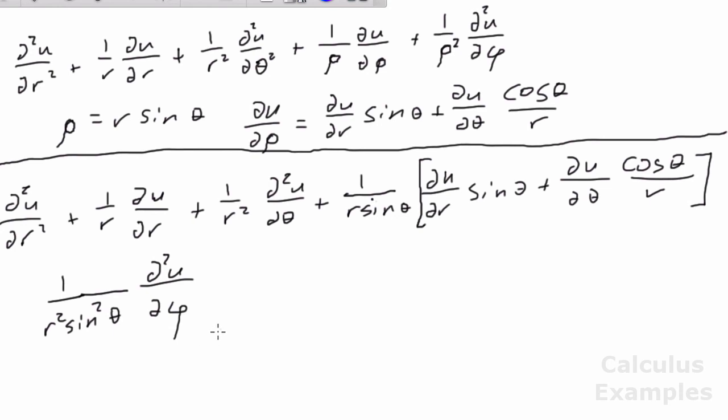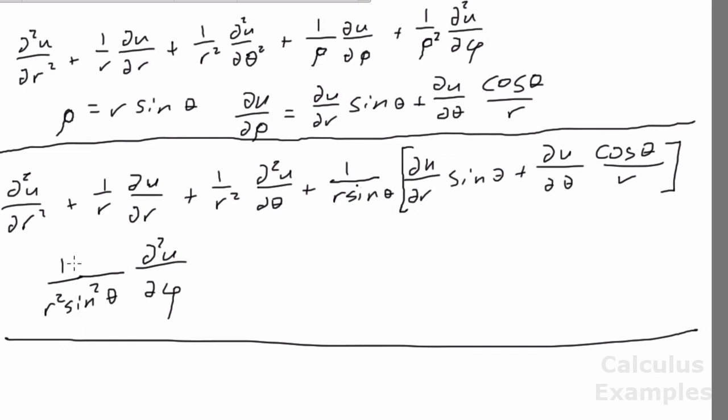Right, so this doesn't quite look like the spherical Laplacian yet. There's a little bit of rearranging that still has to be done. And let's look at that now. All right, so the first thing we're going to do is to combine all the partial derivatives with respect to r. So we have this guy here, we have this guy here, and we have this guy here.